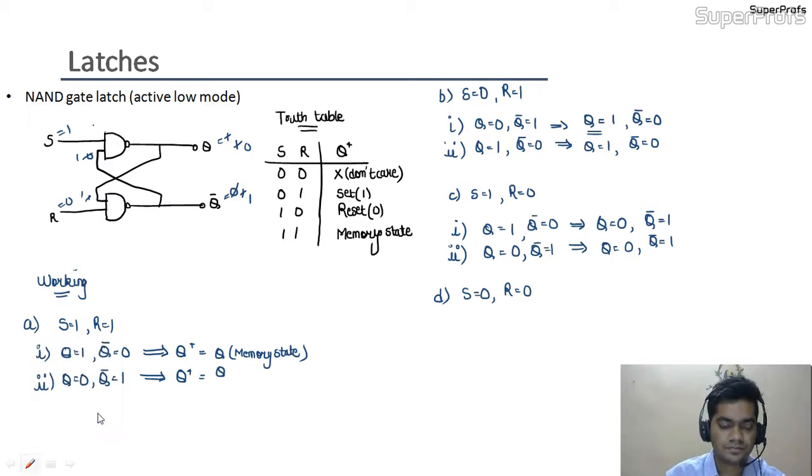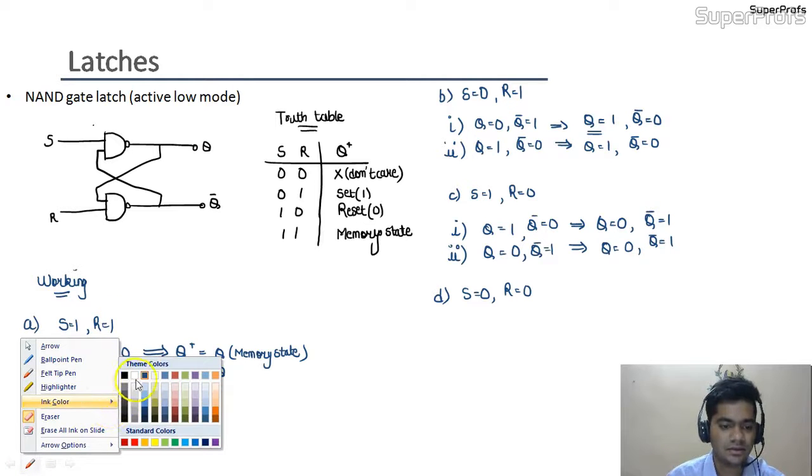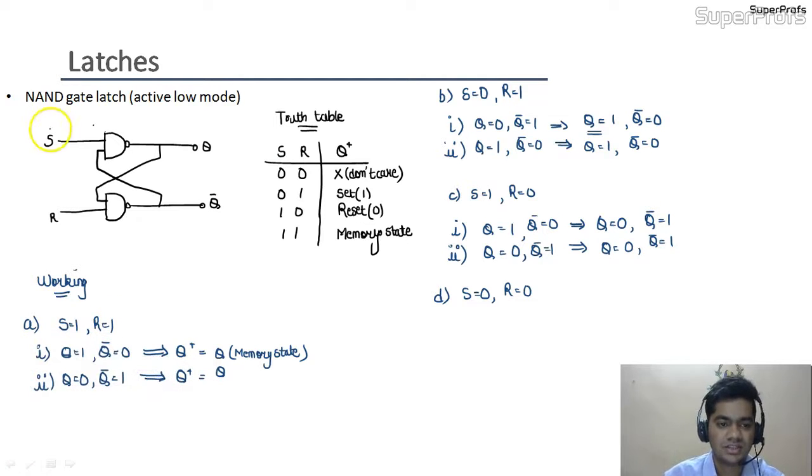So let us remove these logics. Now to understand how the circuit is changing or manipulating the logics, we are taking S equals 0 and R equals 0, and our first assumption is, suppose the previous output was Q equals 0 and Q bar equals 1.